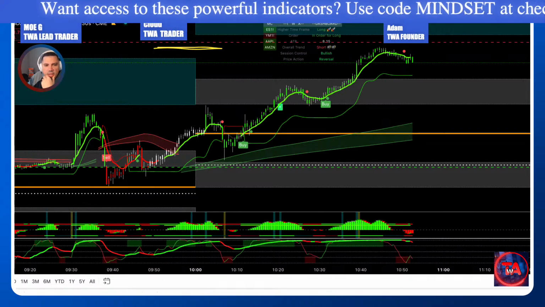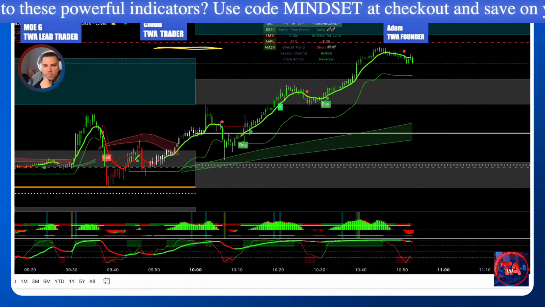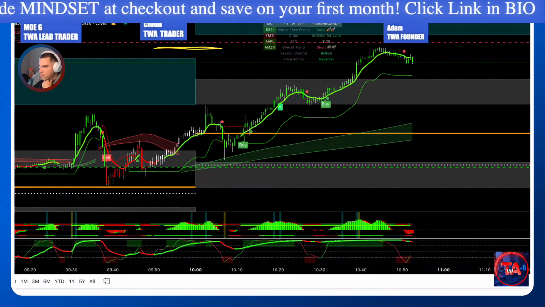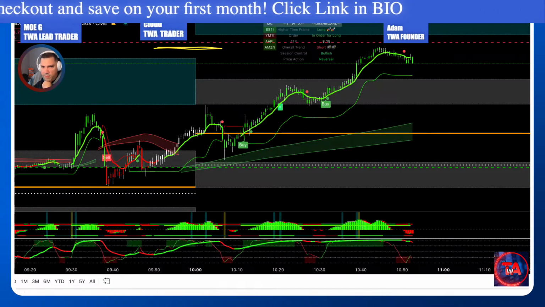Okay, so we should be getting a little pullback now. I think the dashboard is going to say pullback with trend soon.